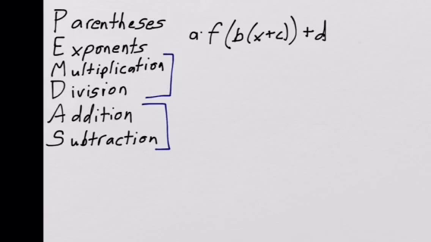We have parentheses, then inside of those parentheses we have more parentheses. The first thing that we're doing to X is adding C, so the first thing we're going to do with transformations is apply our horizontal shift.